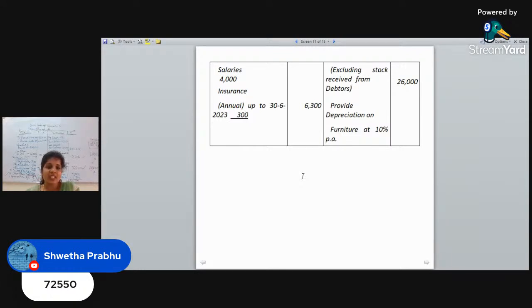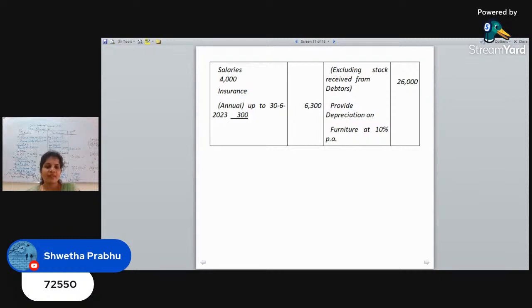That 6 months paid in advance is considered as prepaid insurance. That prepaid insurance becomes an asset, and it will be recorded as a closing asset on the credit side. I will repeat it again. Just look at the amount of insurance. You understood everything other than insurance, correct?